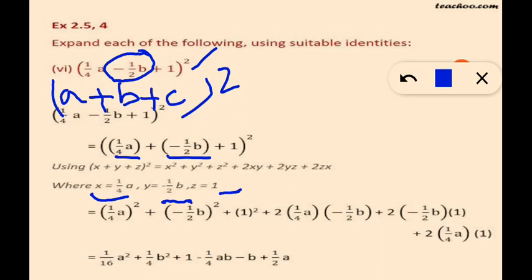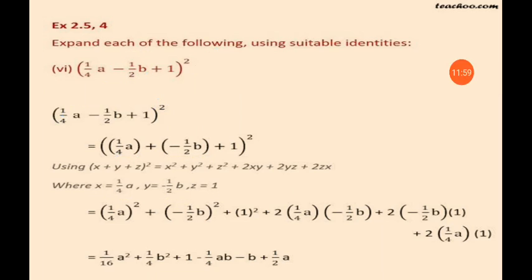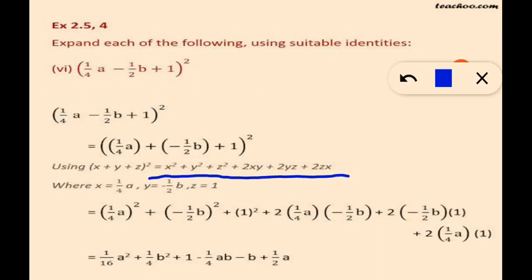Here see, we have written minus 1 by 2 as minus 1 by 2b. And after that, we will substitute the values in the given formula, and then we will get the answer after solving. One more thing you have to remember: whenever there is a negative sign, you have to be very careful while solving it. One small mistake will change the whole answer.